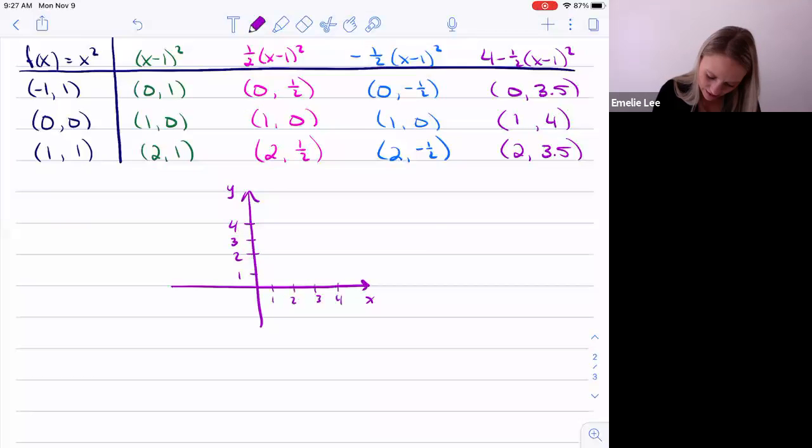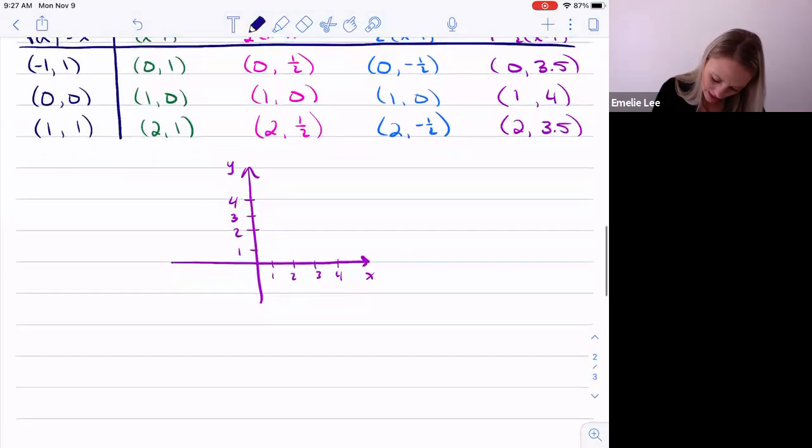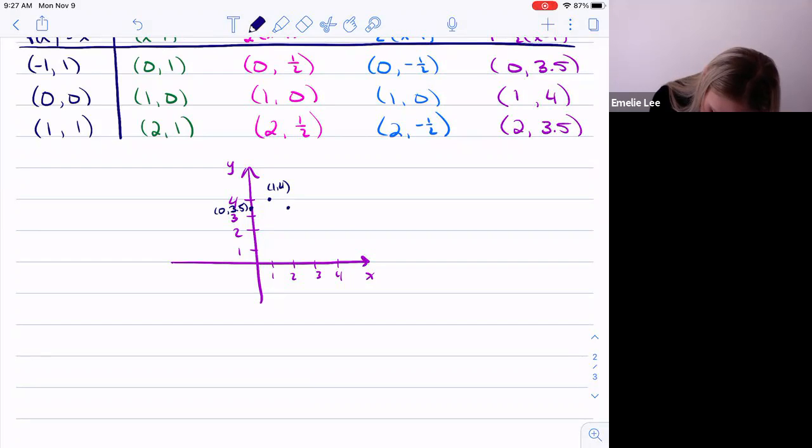I'll use just blue. So 0 and 3.5. Okay. 1 and 4. 2 and 3.5.